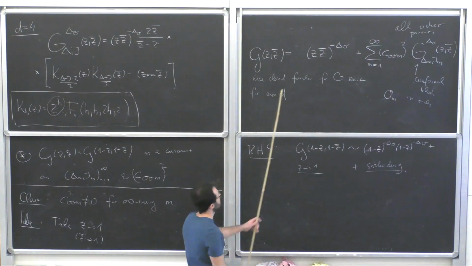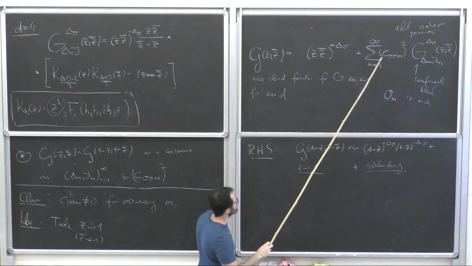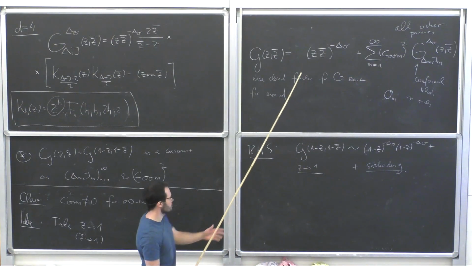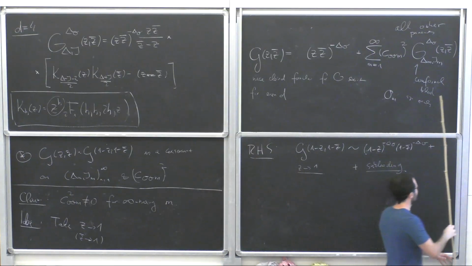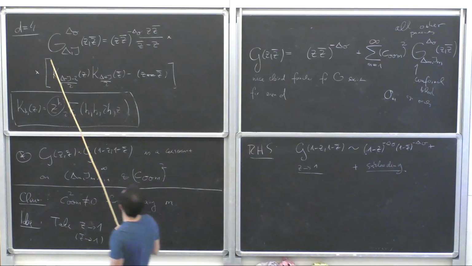Right, so I claim that everything else in this sum is subleading compared to the identity contribution. And oh, I can keep using the pointer. Excellent.